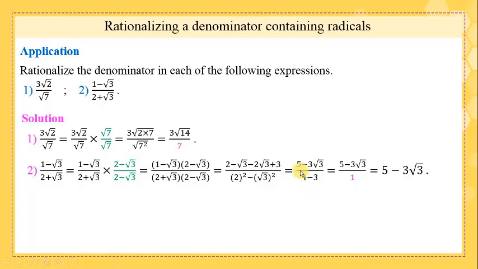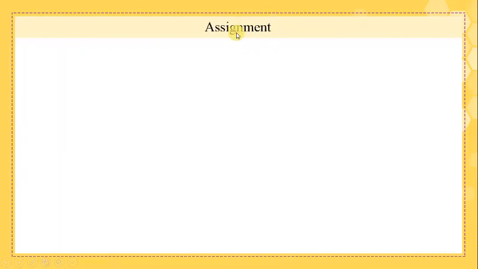So the final answer is 5 minus 3 radical 3 over 4 minus 3. We get 5 minus 3 radical 3 over 1, and the final answer is 5 minus 3 radical 3.